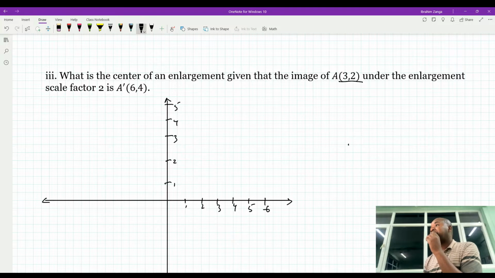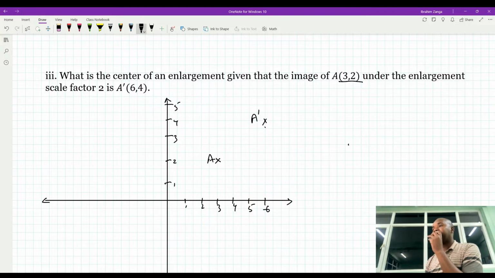So point A is (3, 2). There is A. Then you have A dash, which is (6, 4). There is A dash. So we are looking for the center of enlargement.